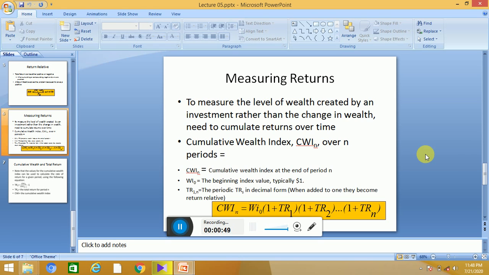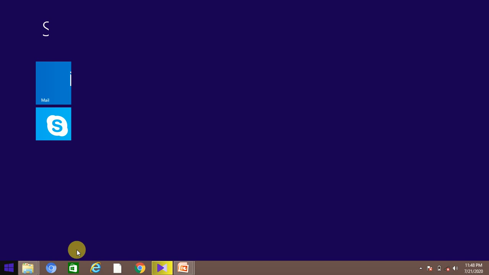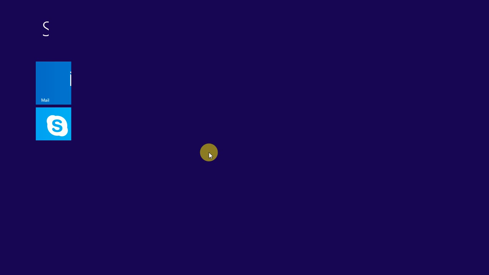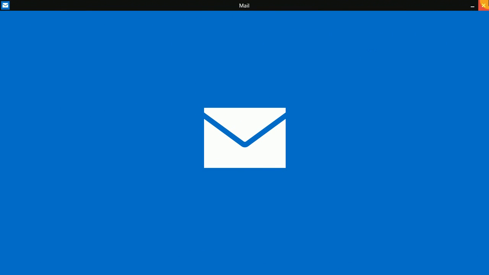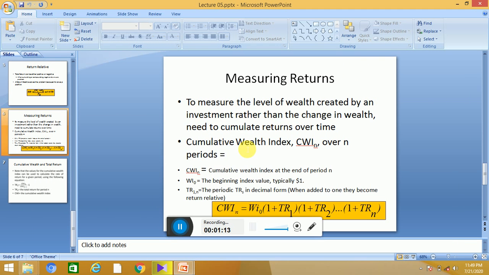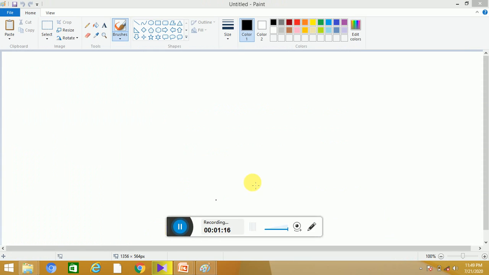Then we discussed the cumulative wealth index, that it tells you about the wealth created after some period of time.